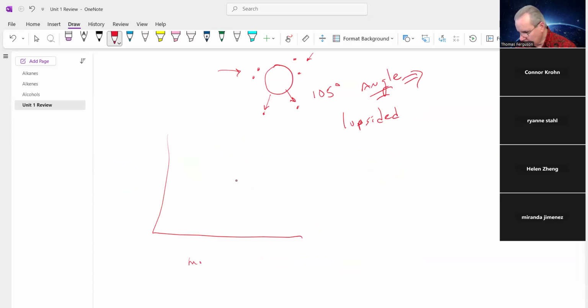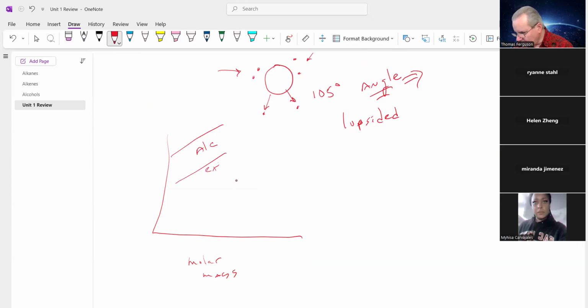And I remember you saying the 2-hexene and hexane were kind of interchangeable. Like one might be more, one might be less. Yeah, the alkanes and the alkenes, yeah. Okay, so if you look at molar mass, remember this graph? The alcohols were up here, then the ethers, then the alkenes, and alkanes.